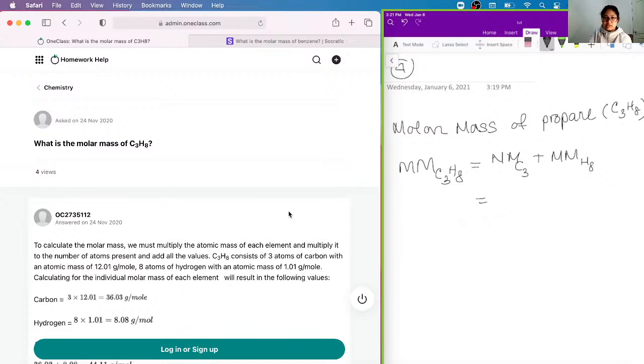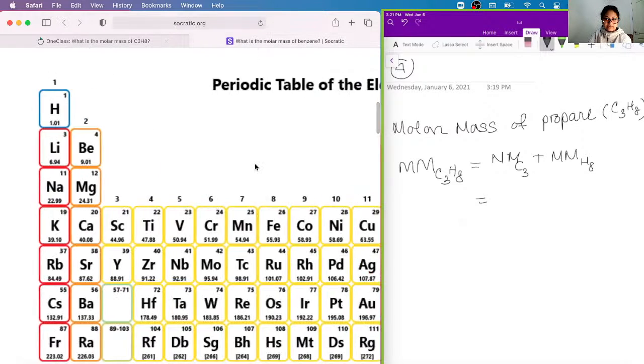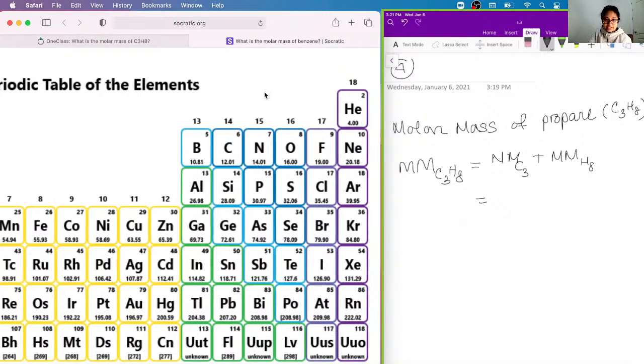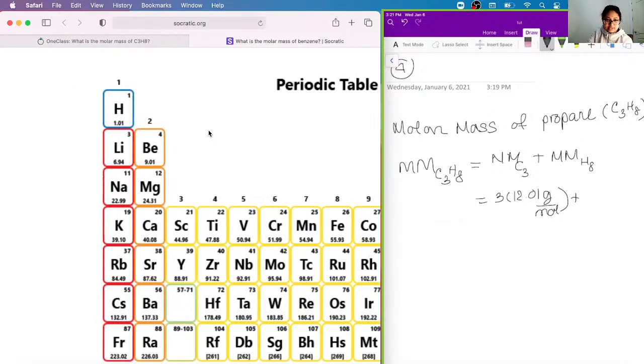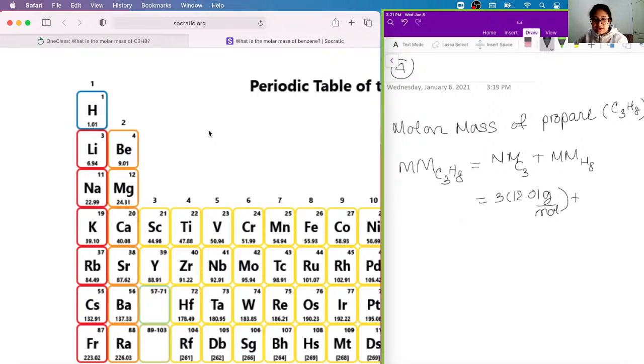If we go back to our periodic table, we can see that carbon's molar mass is 12.01, and you multiply that by 3. So 3 times 12.01 grams per mole. Add that with the molar mass of 8 hydrogen atoms, where one hydrogen atom has a molar mass of 1.01. So you do 8 times 1.01 grams per mole.